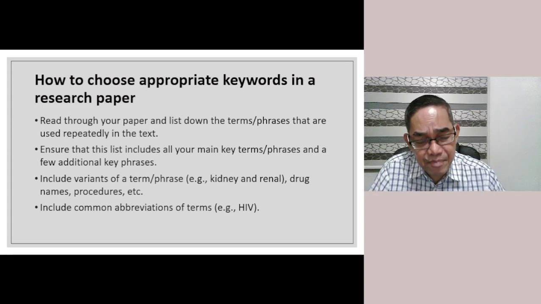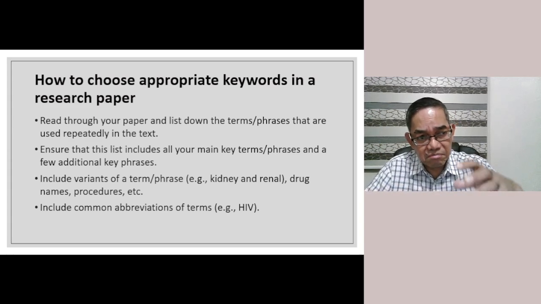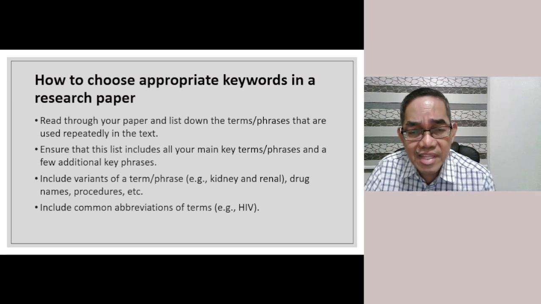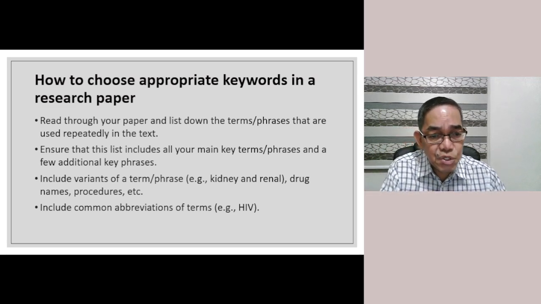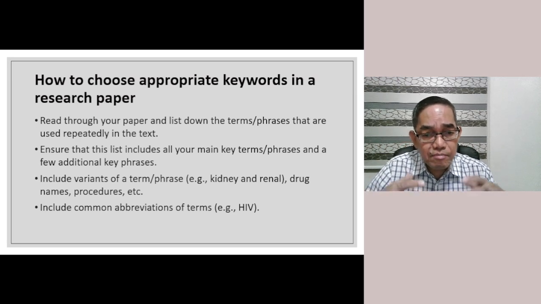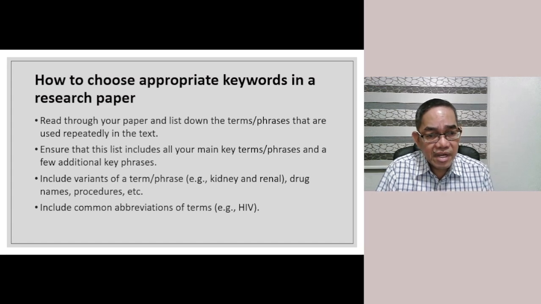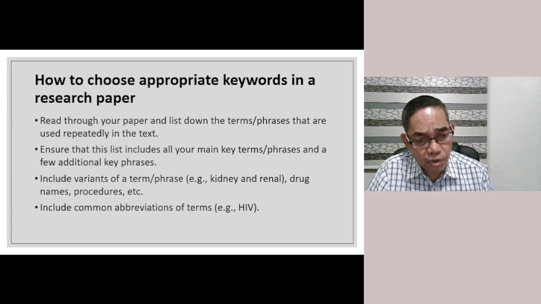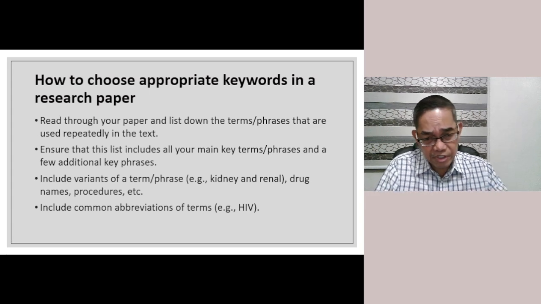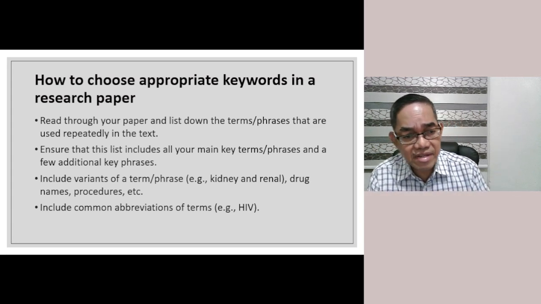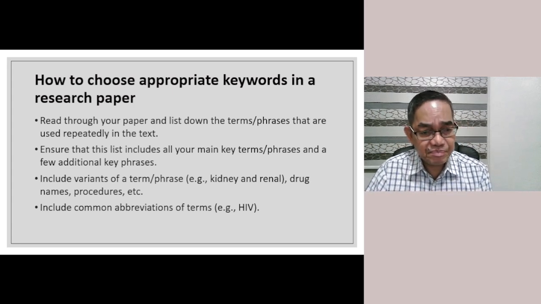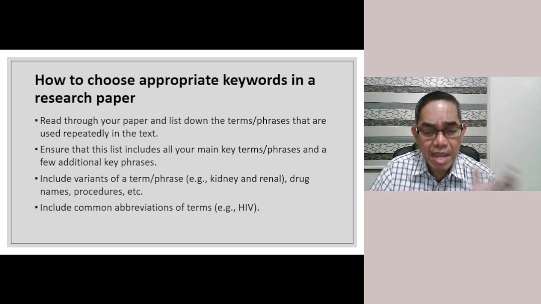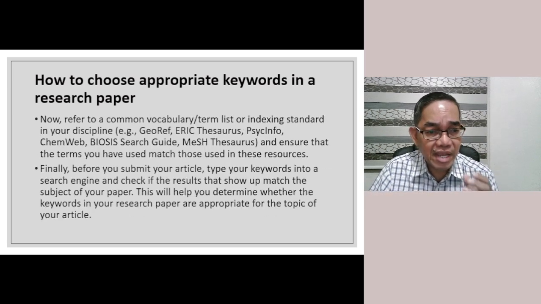So you read through the whole of the paper, and list down the terms and phrases that are used repeatedly in the text. And then ensure that this list includes all main key terms, phrases, and a few additional key phrases. And then include variants of the term or phrase. For example, include kidney and renal, these are variants, and drug names, procedures, and include common abbreviations of terms which we often use in your paper, for example, HIV.